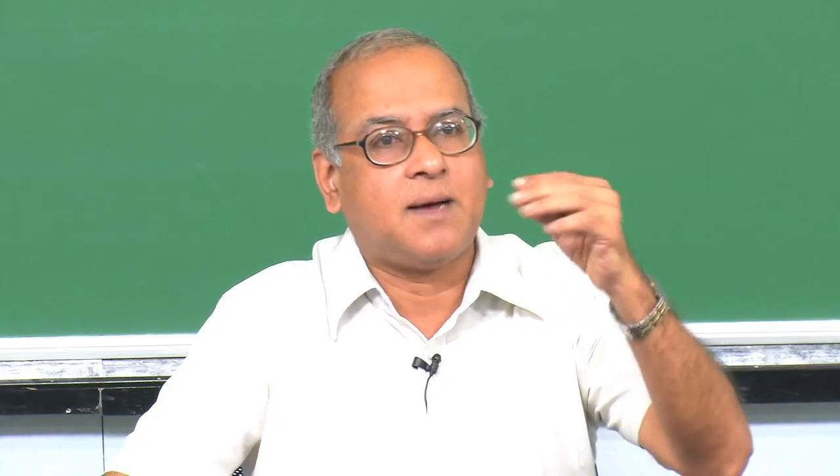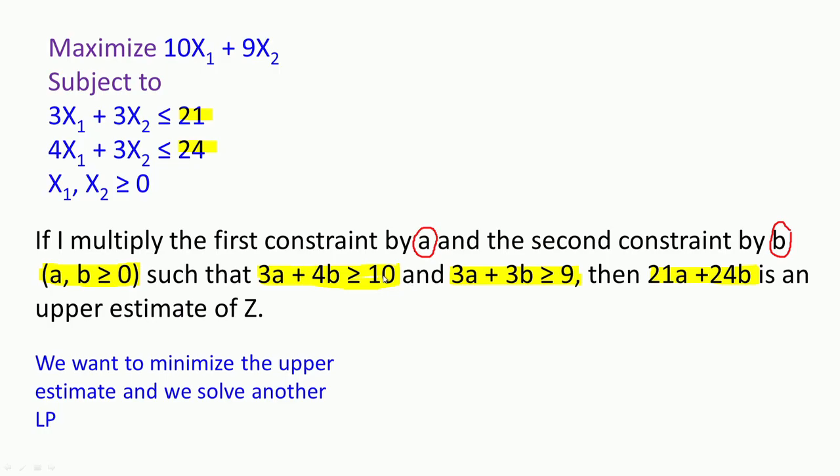Now we go back and generalize it further. Now if we want to minimize that upper estimate, then what are we trying to do? If we want to keep that upper estimate as small as possible, now we have to find A and B such that 3A plus 4B is greater than or equal to 10, 3A plus 3B is greater than or equal to 9, and 21A plus 24B is as small as possible.